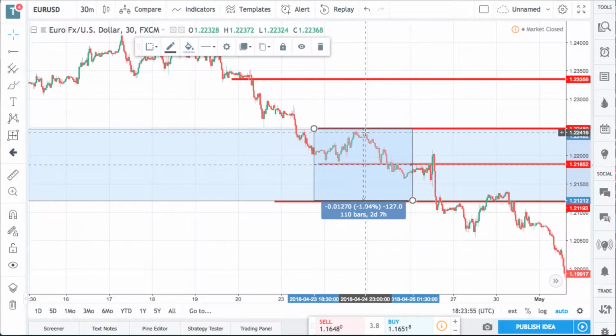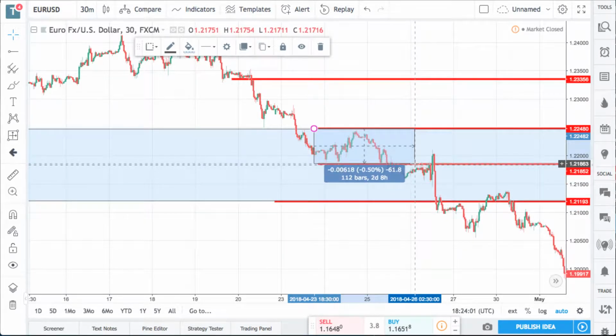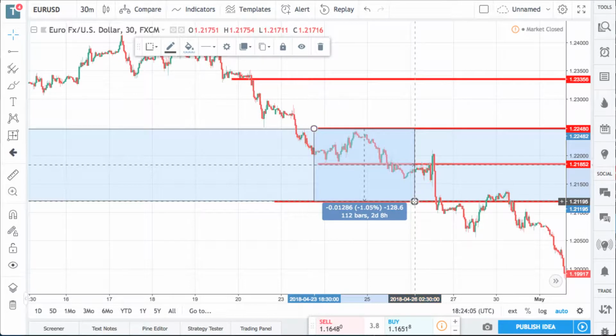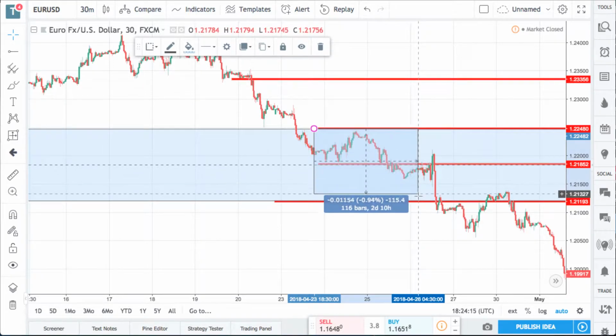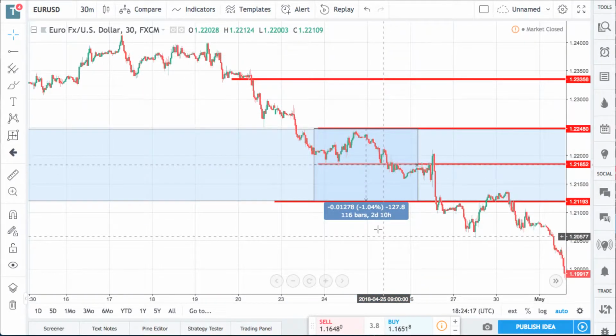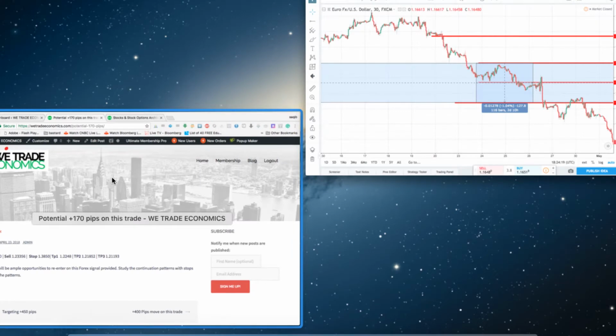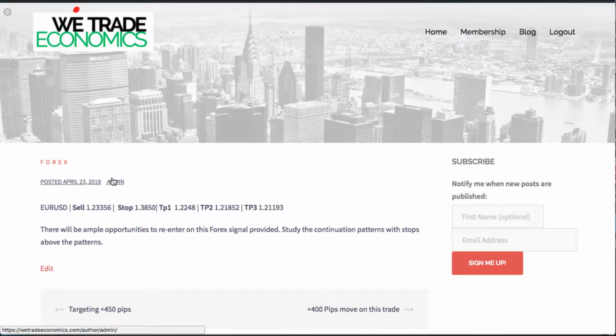So that can be a re-entry point. So that's 127 pips plus 67 pips. That's easily 180 pips on the counting. So 170 pips was the target, but 180 pips on the grabs.